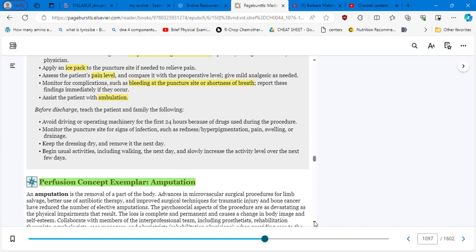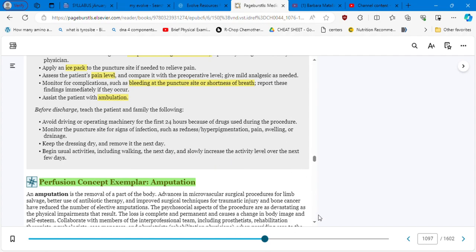Before discharge, avoid driving. Monitor the puncture site for signs of infection. Keep the dressing dry. Begin usual activities, including walking, the next day, and slowly increase the activity level over the next few days.